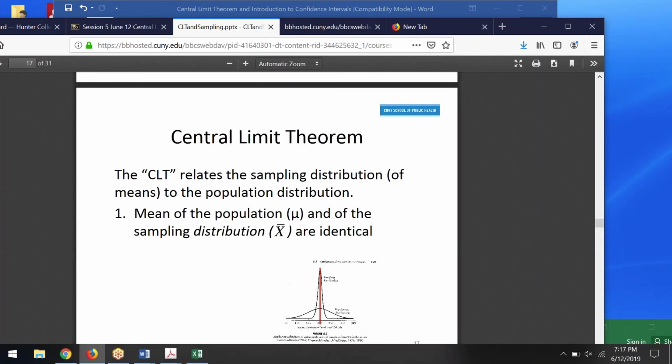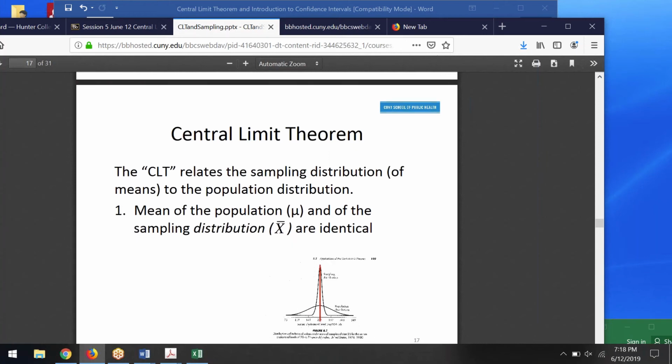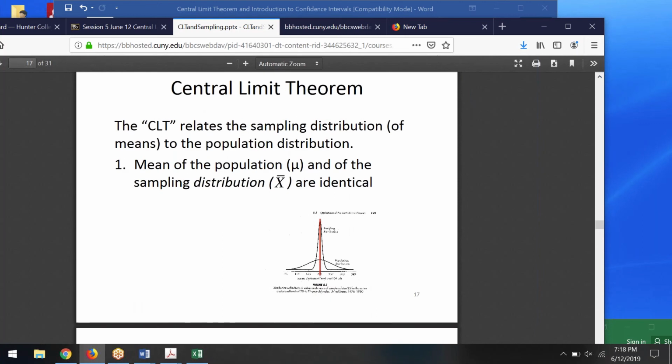When we do repeated samples, the central limit theorem tells us that the new distribution based on those repeated samples from a population is going to have a mean that approximates the mean of the population.